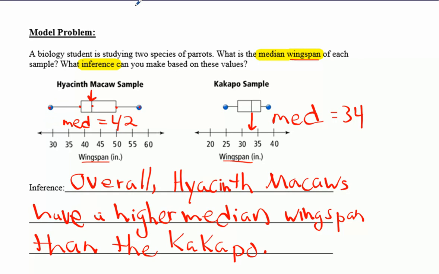So if this little bird over here, let's say he's a 29, and this bird over here is almost 36, 37, right? That's technically higher. But overall, most of these are higher than most of these. So that's why I use that word overall. Okay, good. Moving on to the next one.